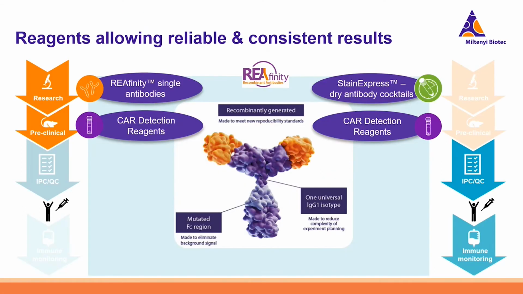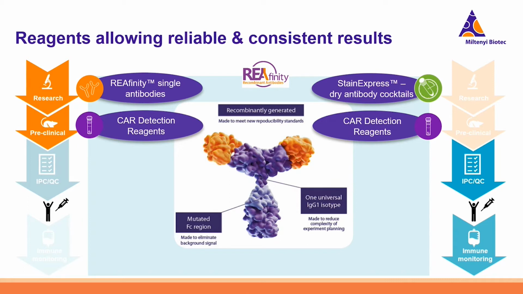When we think about reagents, of course, we have your challenges in mind as well. So what we developed is our REAffinity technology. So we have designed recombinantly generated antibodies, and they have a mutated Fc region to really minimize the background. And they all have one universal isotype, so that makes the isotype controls easier.